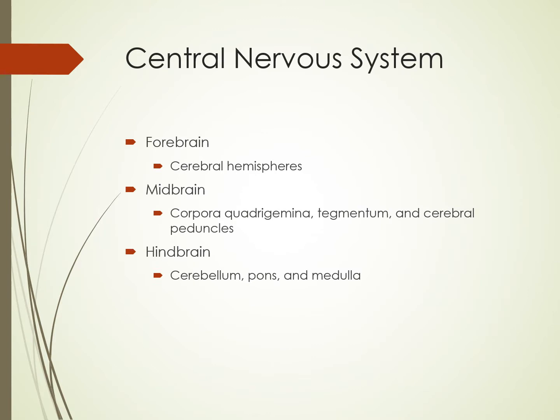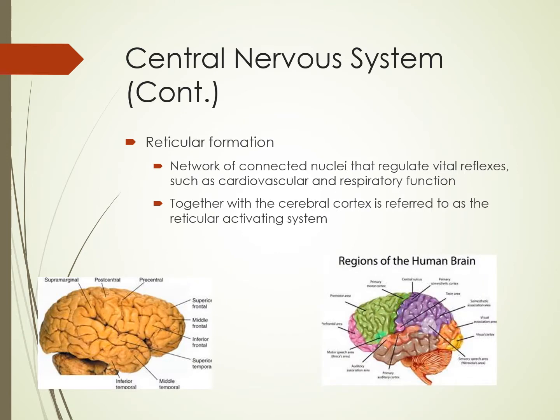The central nervous system consists of the forebrain, the midbrain, and the hindbrain. Reticular formation is a network of connected nuclei that regulate vital reflexes, like the cardiovascular and respiratory function.